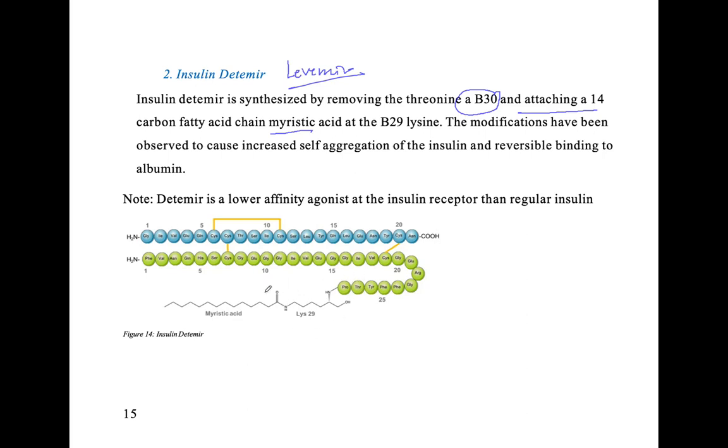So the threonine has been removed at position 30, and instead we have a myristic acid that's been attached. That modification is going to allow self-aggregation to take place. So that increases self-aggregation, and then it's going to lead to reversible binding to albumin.